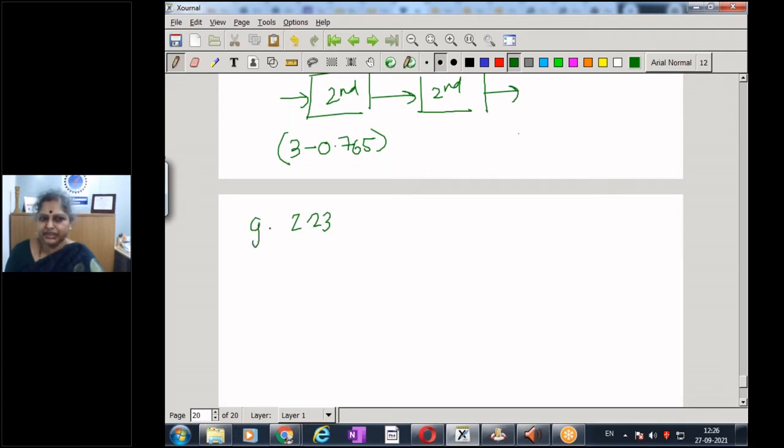This is the gain, and we have another stage which should have a gain of 3 minus 1.848. How much is that? This is my G1, and let us say G2. How much is the gain of the second stage? 3 minus 1.848.